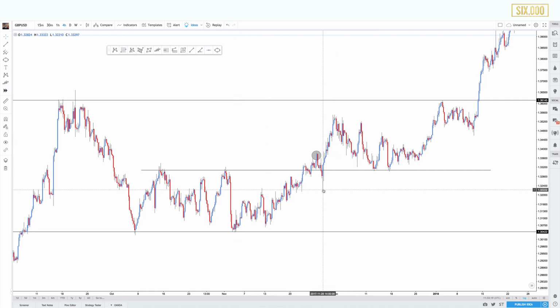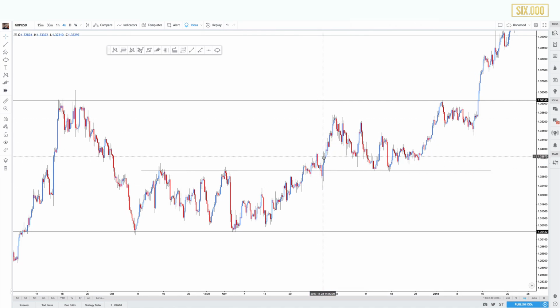And at this point, many people would have bought after this breakout. They would have bought, and this just happens in the market. It's just one of those situations. People would have bought at this area, expecting price to increase, but actually what happened is price reversed, and they would have lost money in this situation.